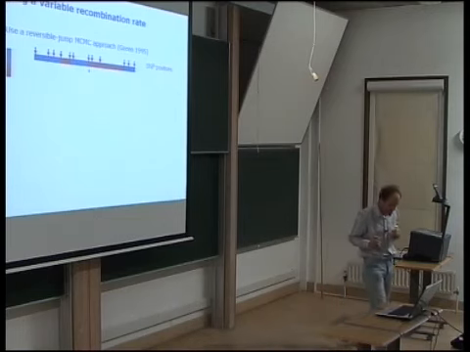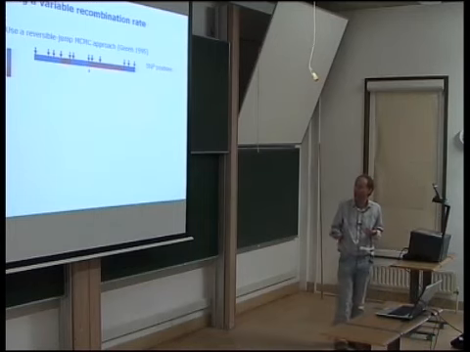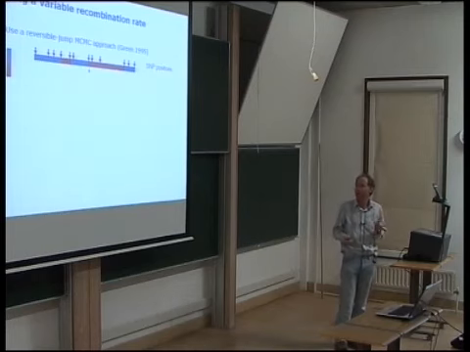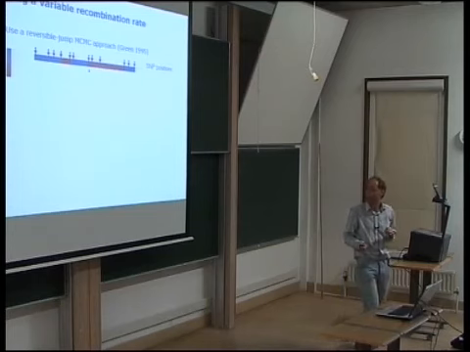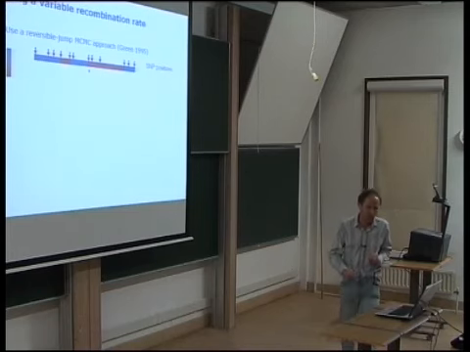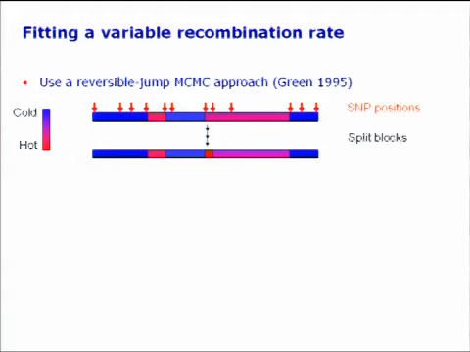So I can start out with an initial guess, and what the reversible jump technology allows you to do is to explore the posterior distribution of these piecewise constant maps in a Bayesian framework. And you do that by setting up a Markov chain, which basically takes your current guess and proposes various subtle changes to it.